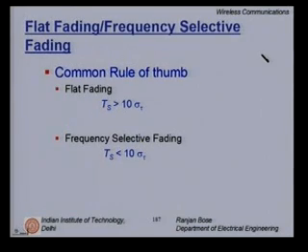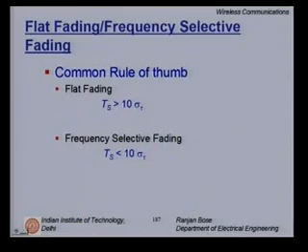Now, the question is, what is flat fading or frequency selective fading? What are the common rules of thumb? How big is big? Clearly, saying Ts much greater than sigma tau does not give us any definitive answers. Remember, we defined flat fading when Ts, the symbol duration, is much larger than sigma tau, the RMS delay spread. How large?